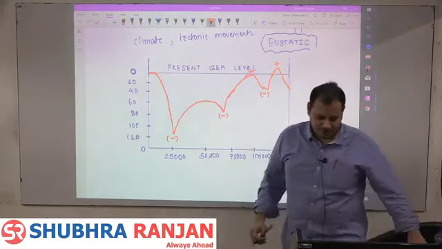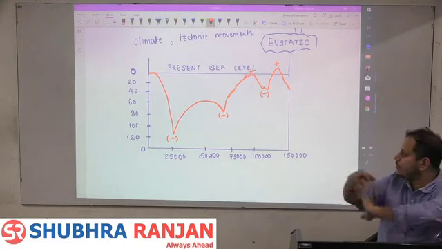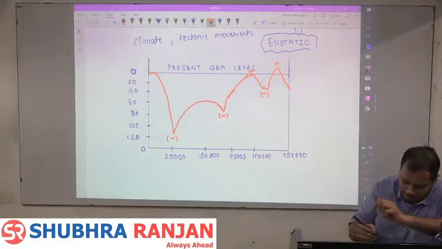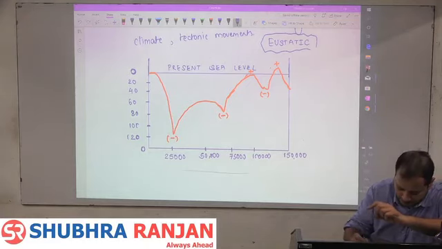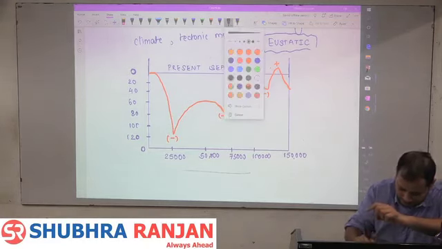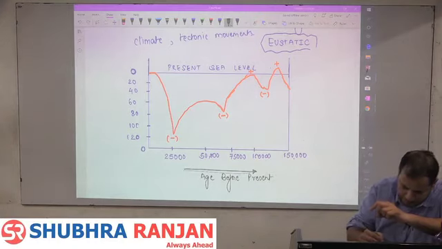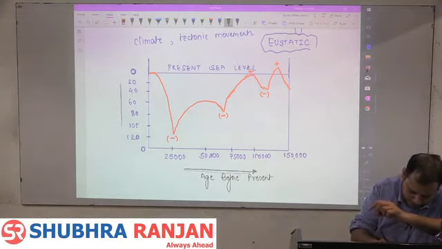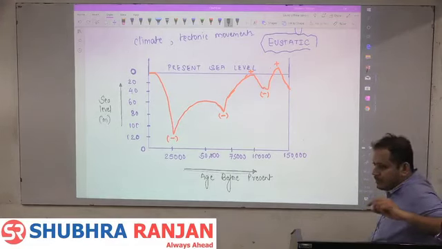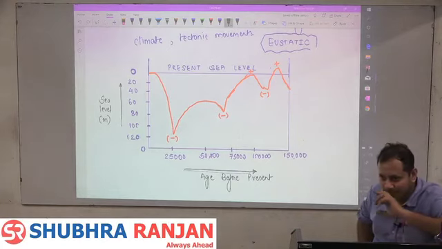So this is the present sea level. See, some 25,000 years before, when the Pleistocene Ice Age began, sea level was 120 meters below the present.